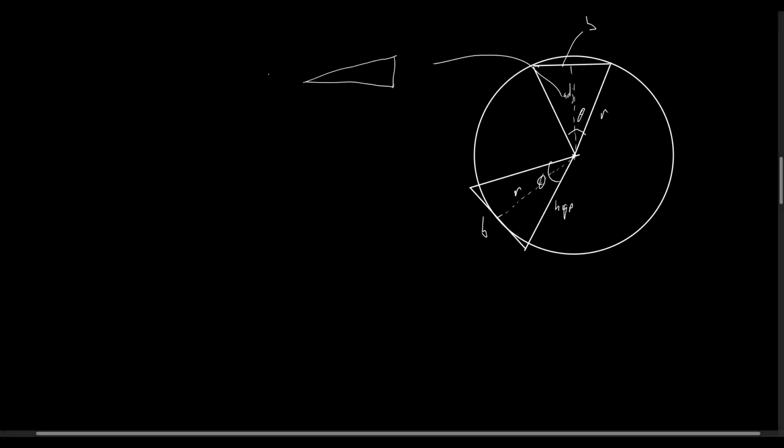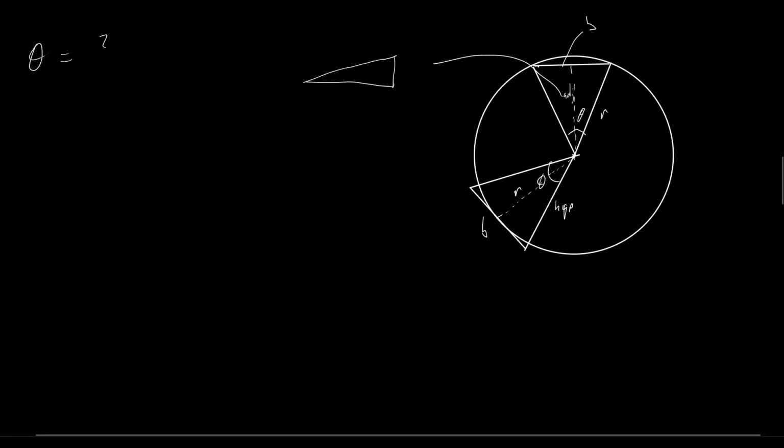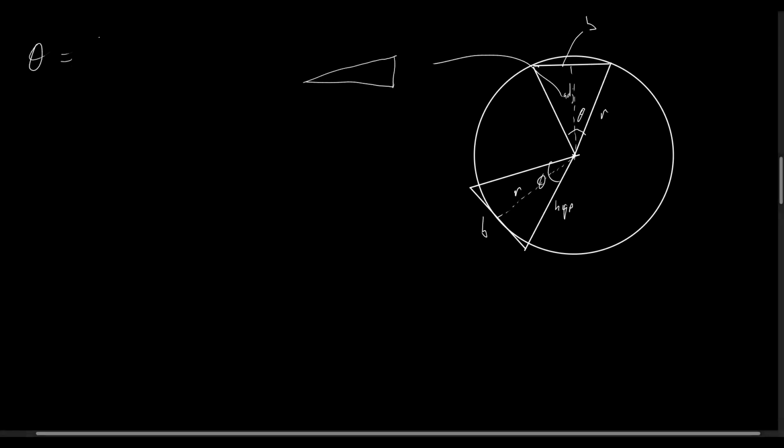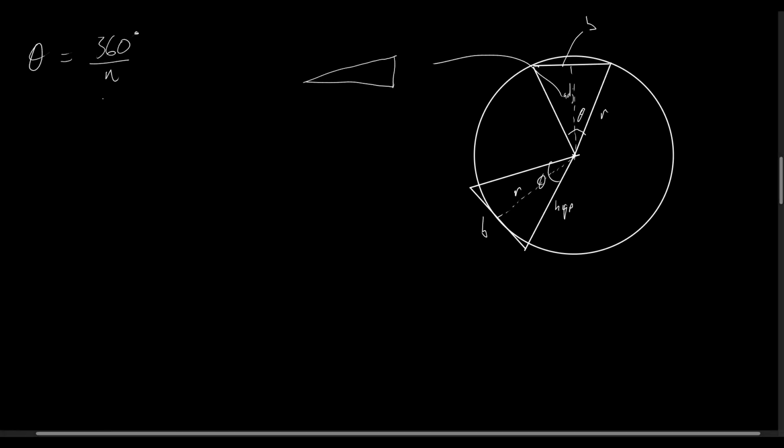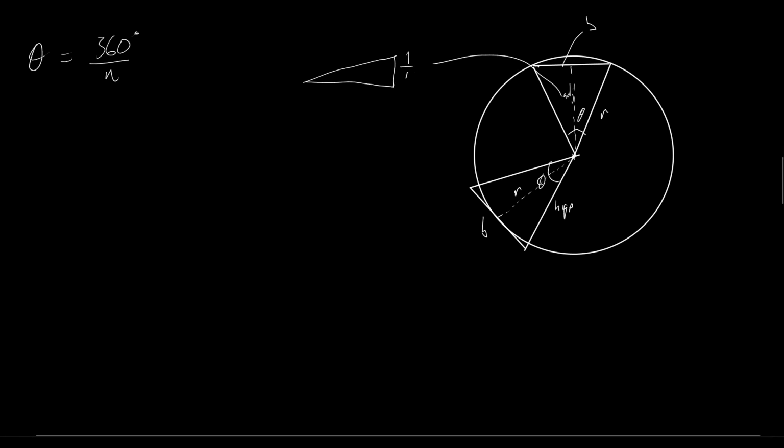And I should mention theta for a polygon of n sides where the sides are all equal. Theta would be equal to 360 degrees over n. And of course, for this triangle, we have half of the base.